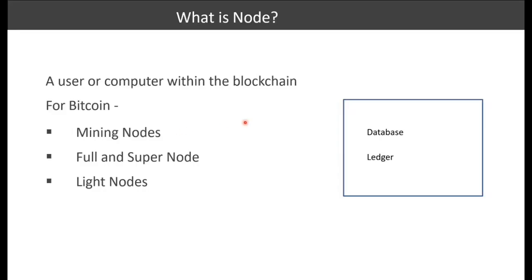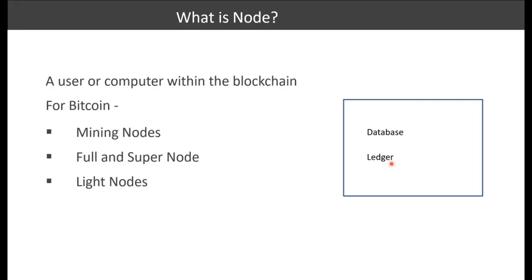So a user or computer with a blockchain for Bitcoin, we can see here, if we talk about nodes, nodes generally have the ledger. There is one ledger for Bitcoin. There is one ledger for Ethereum. And there's one ledger for other blockchains or distributed ledger technology products as well.